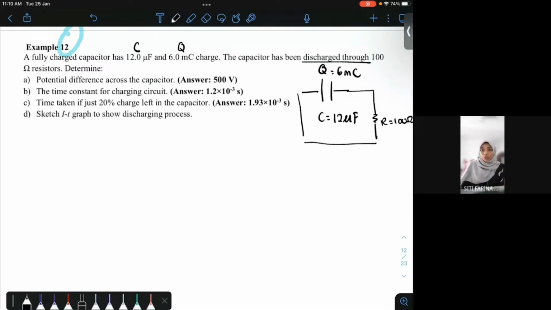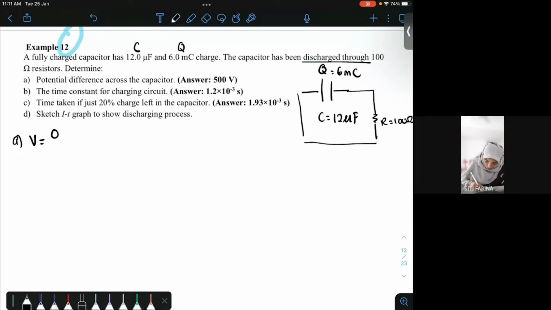So we want to find the potential difference across the capacitor. The potential difference you're looking for at this point is the initial potential difference, that is, before the discharging process happens. Because you have charged it and then you're going to discharge. So we find the V from when you charged it.